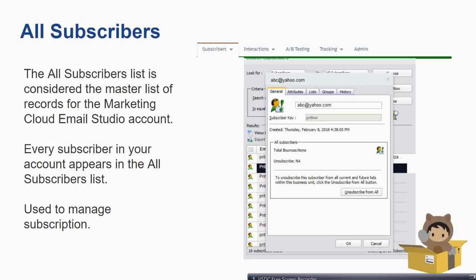And this is actually a law called the CAN-SPAM law, where the company must abide by this rule, that the user should have the right to unsubscribe from a newsletter or anything. So for that purpose, All Subscribers is provided out of the box for subscription management in Salesforce Marketing Cloud. Now, that being said, we go to the next slide.